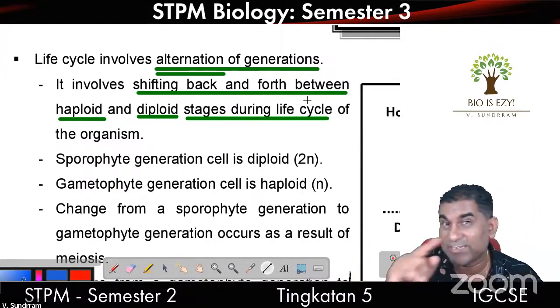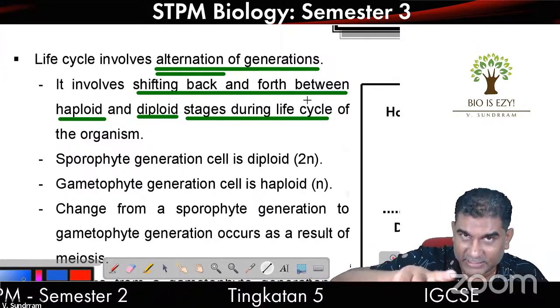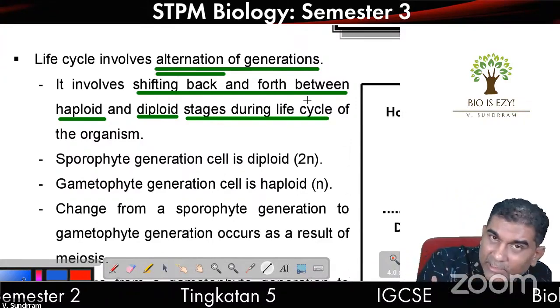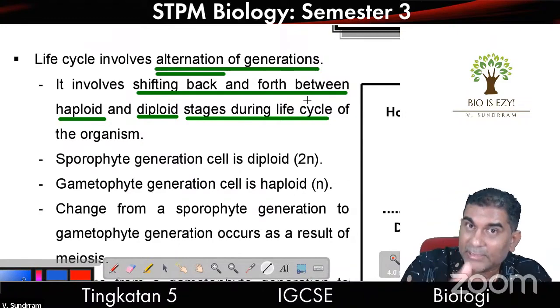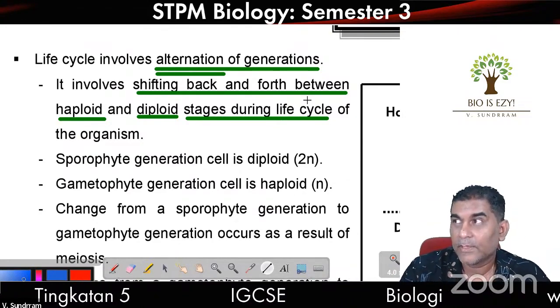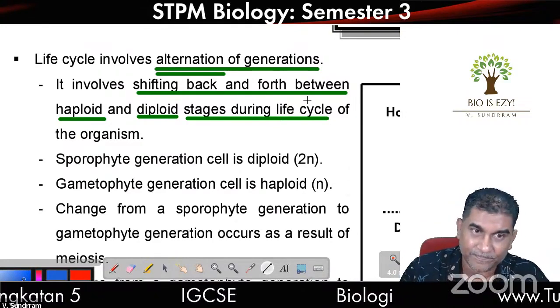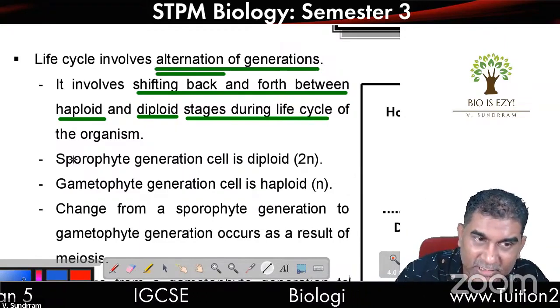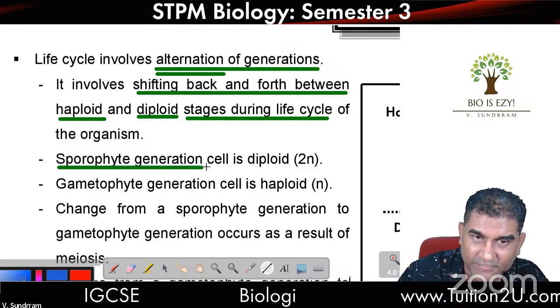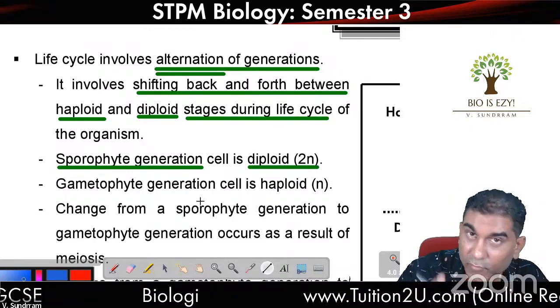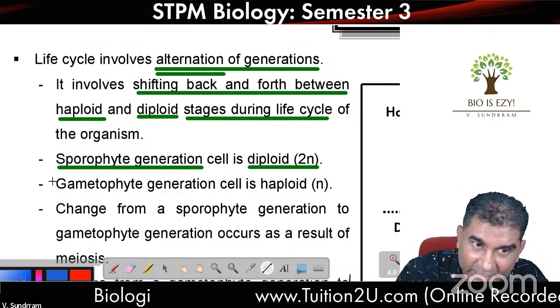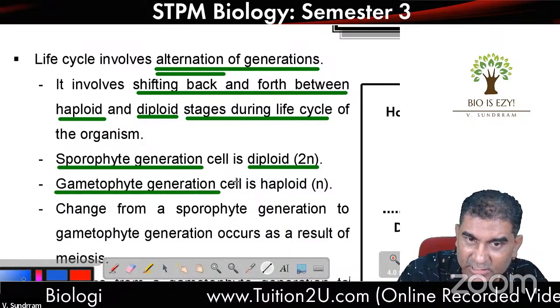Haploid generation, diploid generation alternate. For some time they are haploid, for some time they are diploid. Both haploid and diploid generations have names. The diploid generation we call sporophyte. Diploid. Need to remember the name. For plants, this is important. Gametophyte generation is haploid.